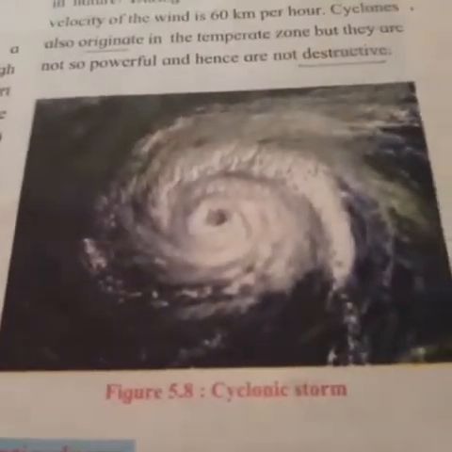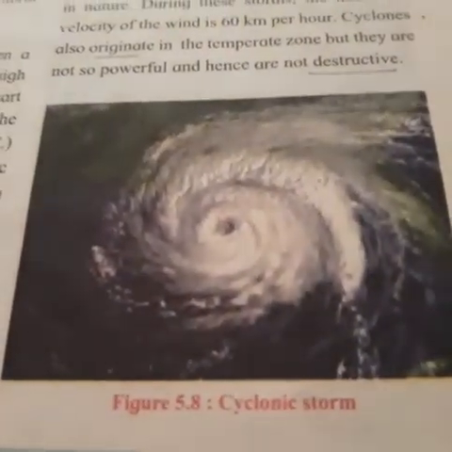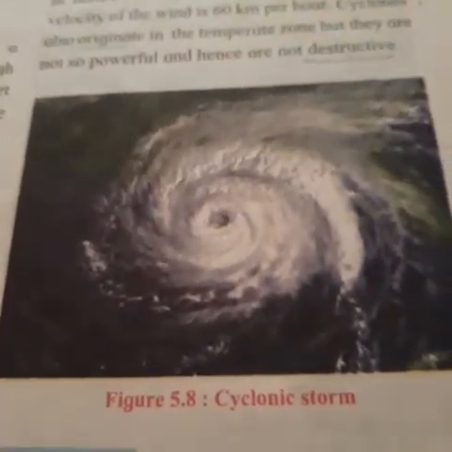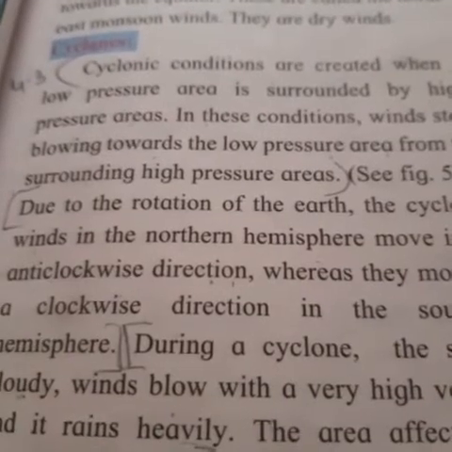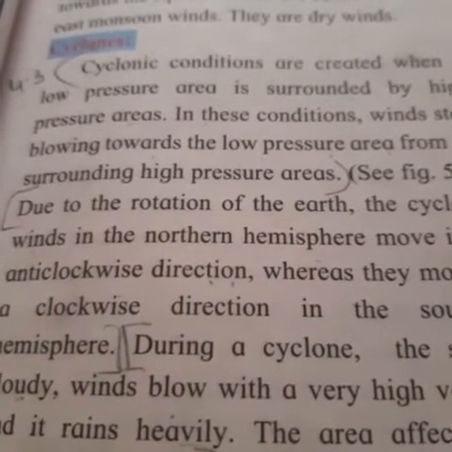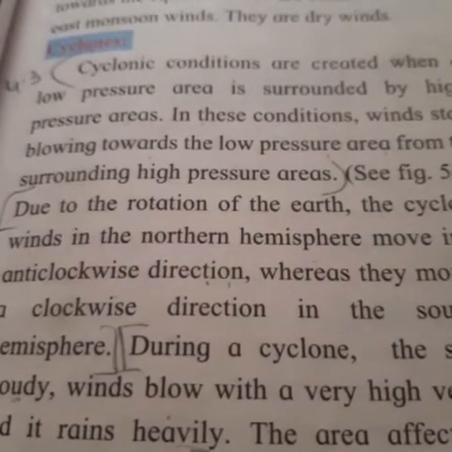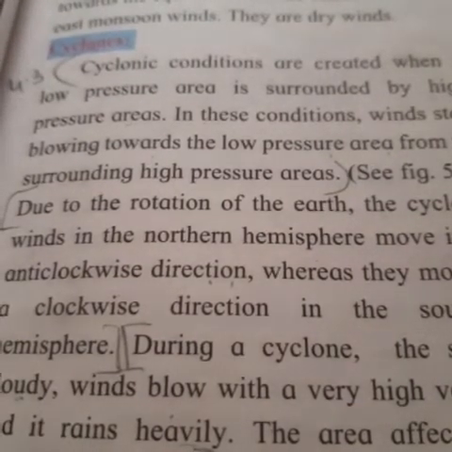Now in figure 5.8, this is the cyclone storm. It is in the anti-clockwise direction. Okay, let me explain this paragraph of the cyclone. Now it is affected by high pressure and low pressure. It starts blowing due to the rotation of the earth.